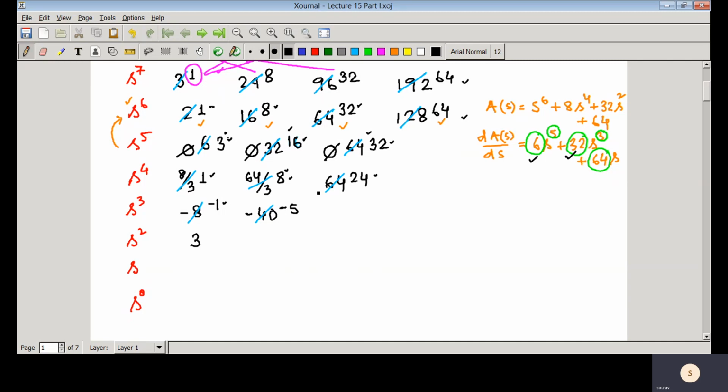Similarly, in this case we have 24. Again, if we take 3 common, here we have 1, and here we have 8. Then the next one would be minus 5 and plus 8, that is 3, so we have 3, and here we have 8.